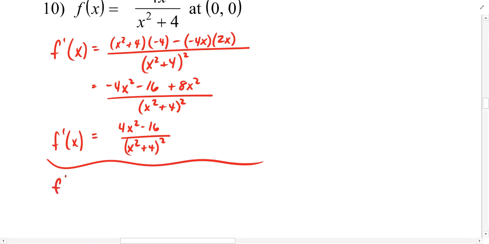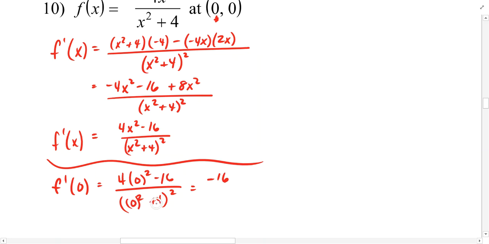And now we would evaluate our derivative rule at an x value of 0, as indicated by the point supplied to us. So we need 4 times 0 squared minus 16 over 0 squared plus 4 quantity squared. In the numerator, that's 0 minus 16, so negative 16.